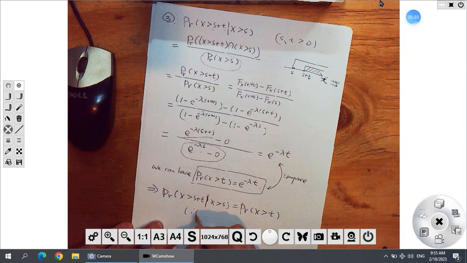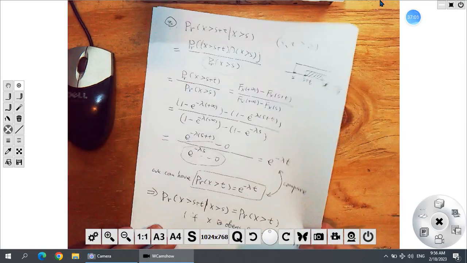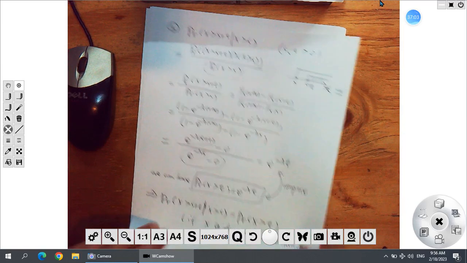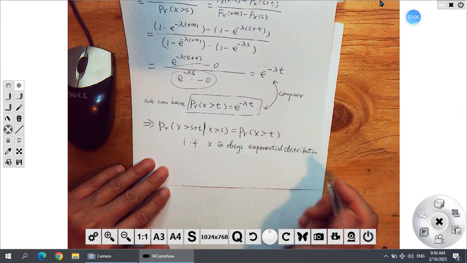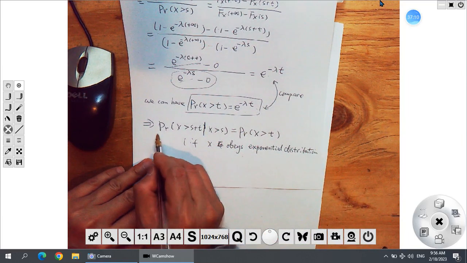If x obeys the exponential distribution, then we have this property.